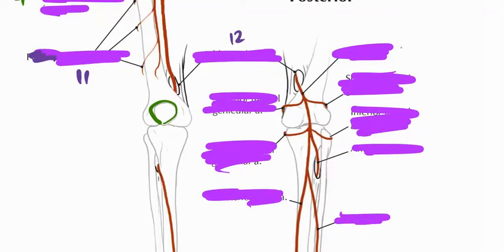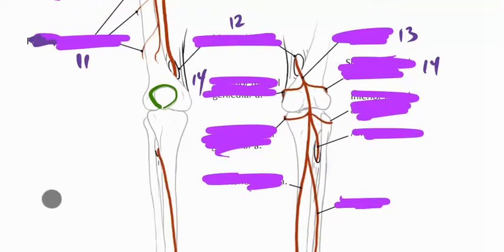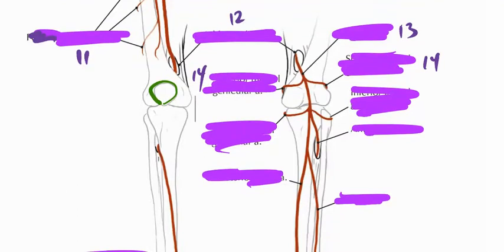And so, Brandon, what's going on with 13? The popliteal. Okay, popliteal. Sarah, what are these branches? Genicular. Yep, superior genicular. Isn't it superior lateral?